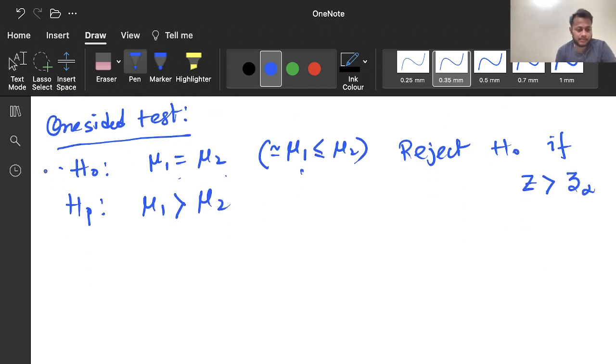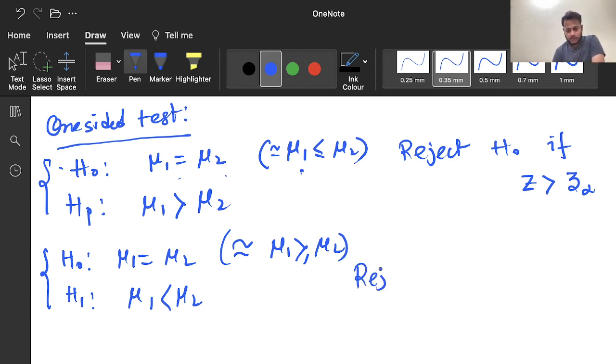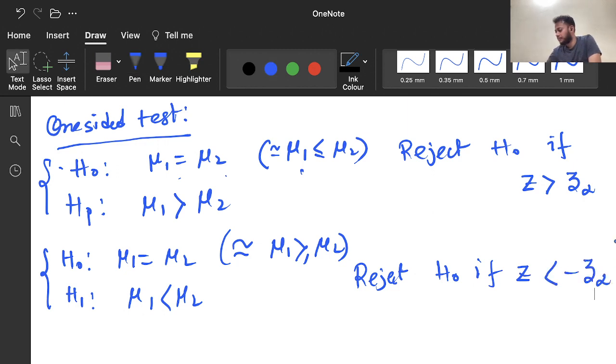And similarly, for mu1 equal to mu2 and mu1 greater than or equal to mu2, for both these two null hypotheses the test will be: reject H naught if Z is less than minus Z alpha.